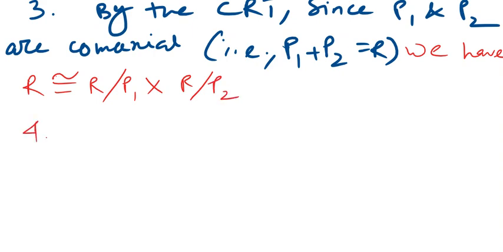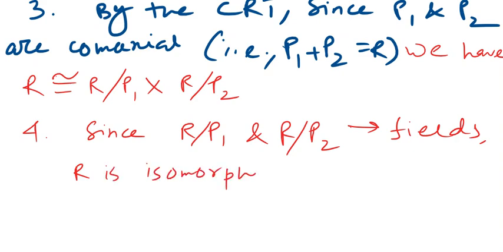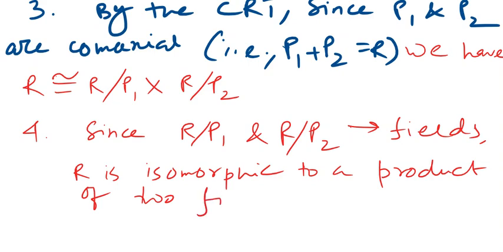And the fourth point is, since R by P1 and R by P2 are fields, we can say R is isomorphic to a product of two fields. Okay.